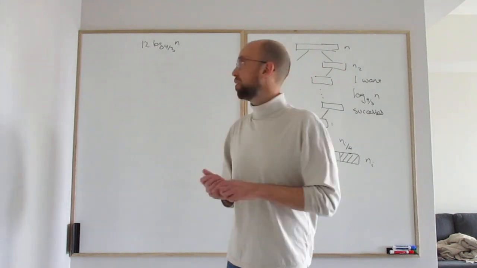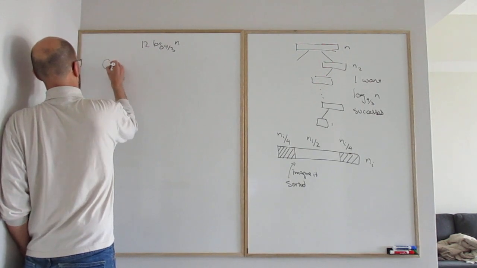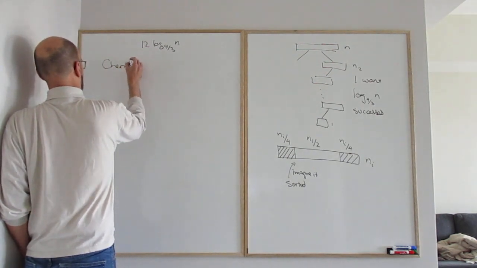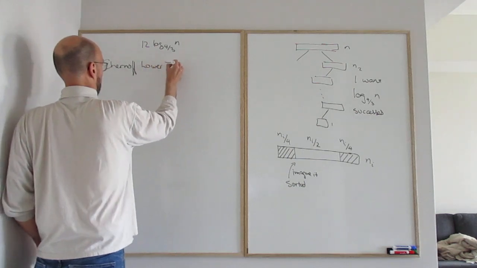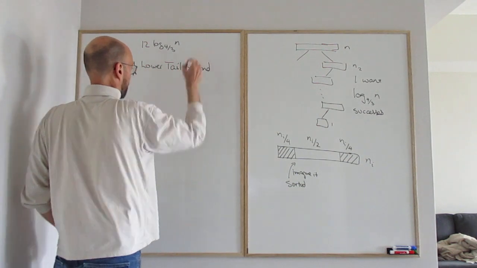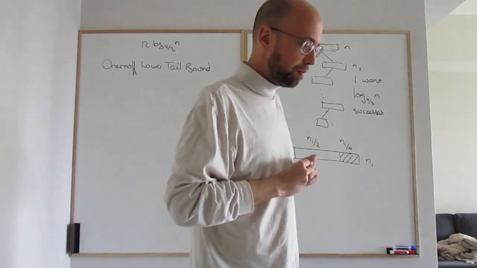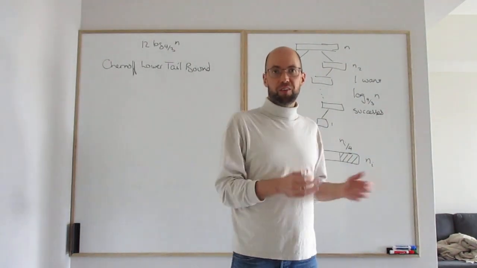It's not that bad. So it's called the Chernoff lower tail bound. And it says that basically it's more general than just coin flips.